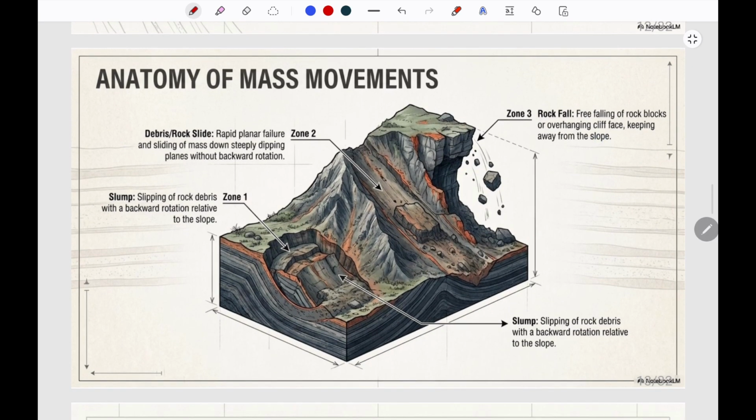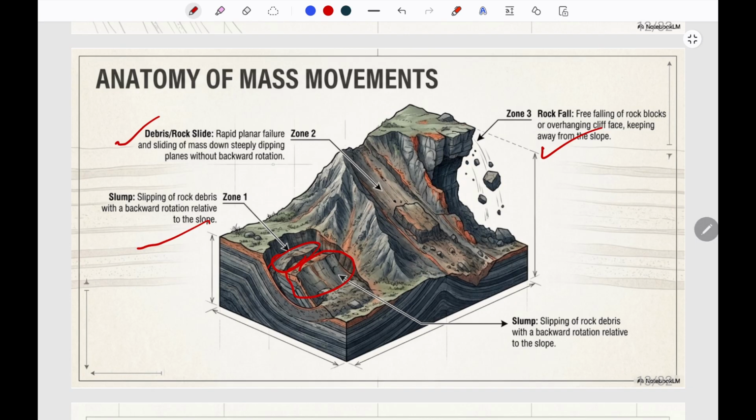Now these are the types of mass movement. That is slumping, debris or rock slide, and rock fall. Now this slumping is backward rotation movement of various layers of earth. Like this. This is one, this is two, and these are backward, pushing backwards and moving downwards.